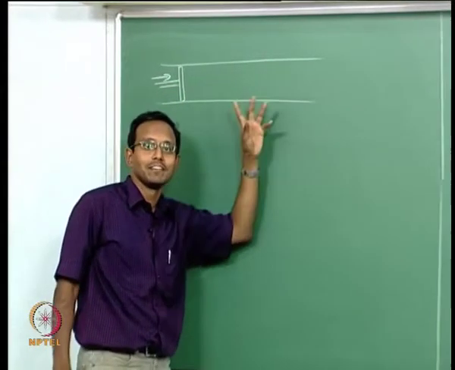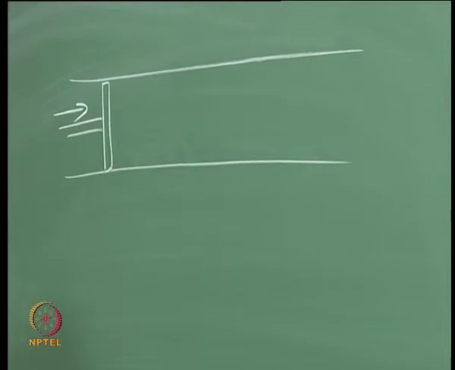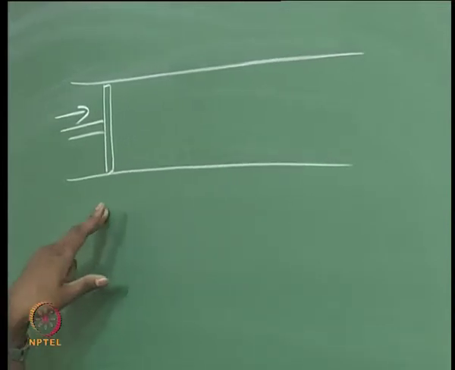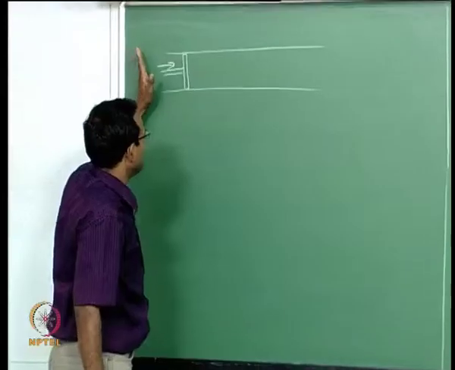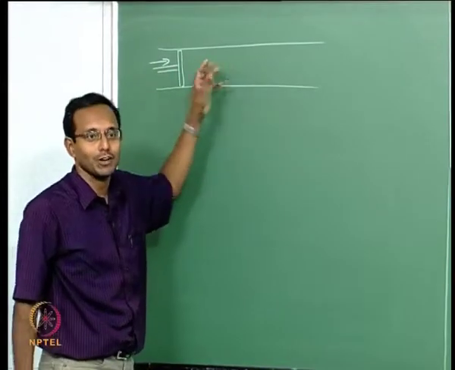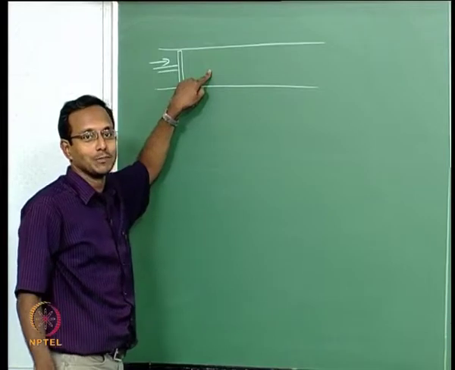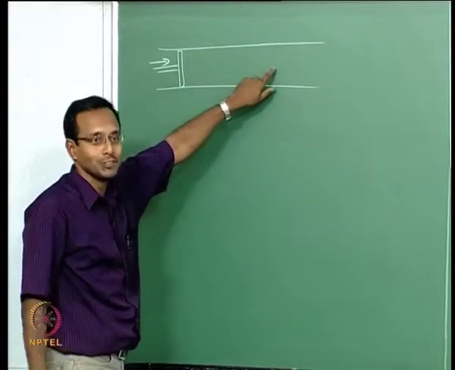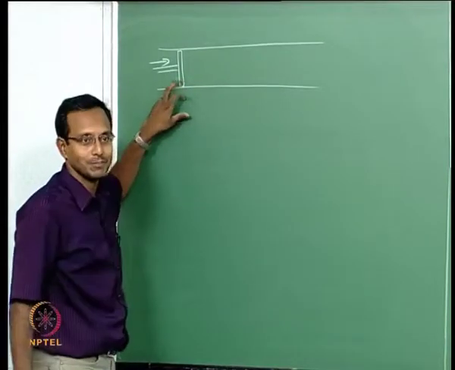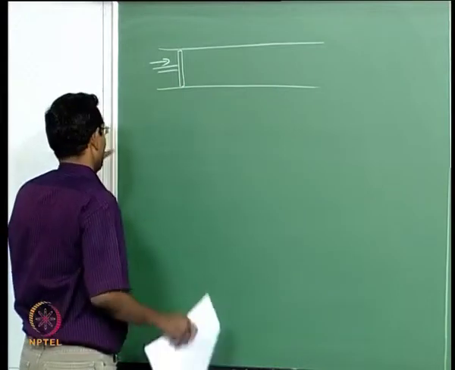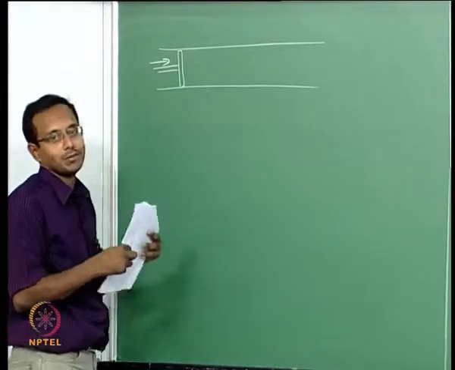That is the basic idea. I believe I showed you an animation of this long back. We just push this and that is going to create a shock going through, and behind that there will be a flow which could be subsonic or supersonic depending on the Mach number of the shock, or depending on the piston velocity. If the piston is going supersonic, you will get supersonic. This is one way of looking at the problem.